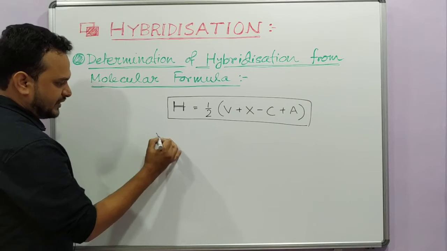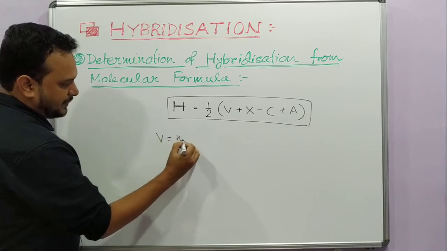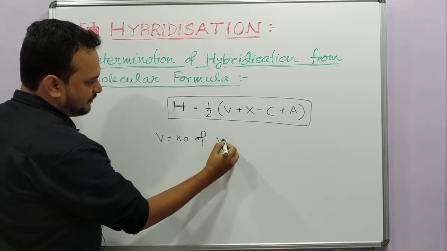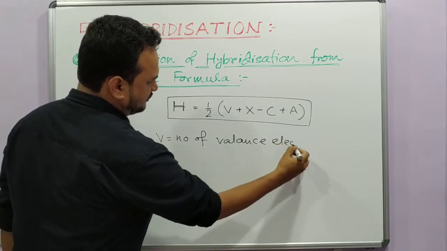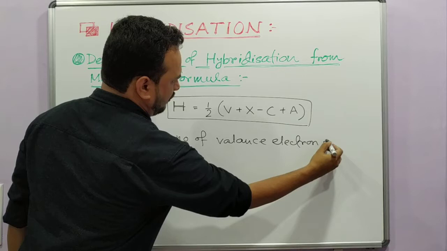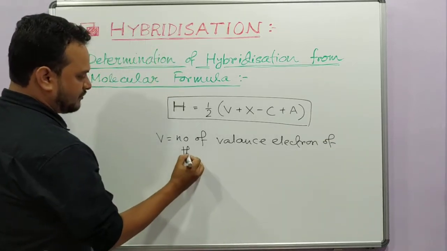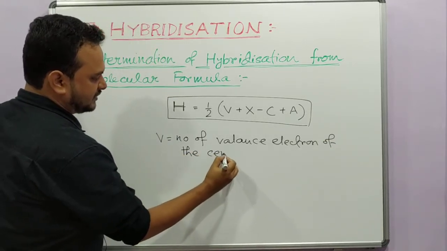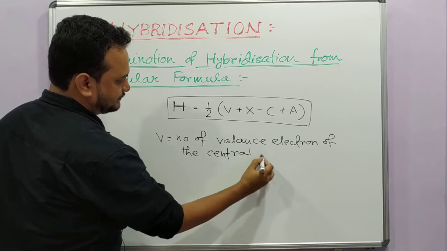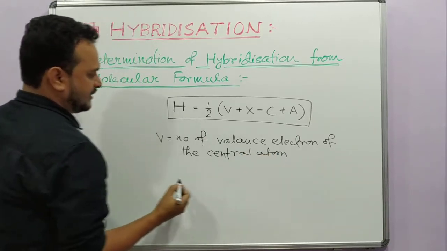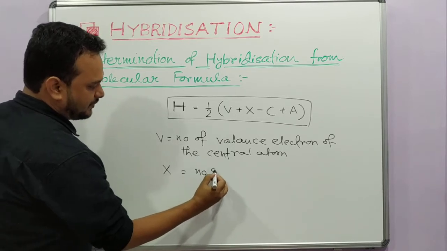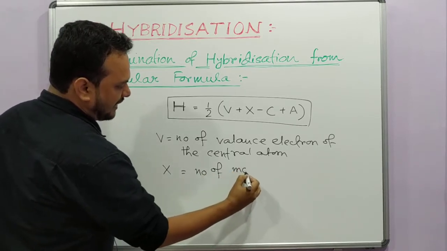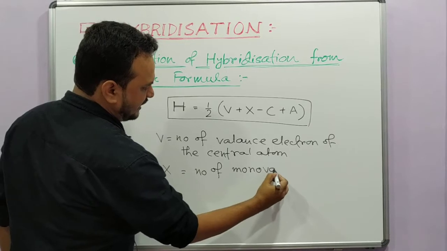Here V equals the number of valence electrons of the central atom. Then comes X. X is the number of monovalent terminal atoms.